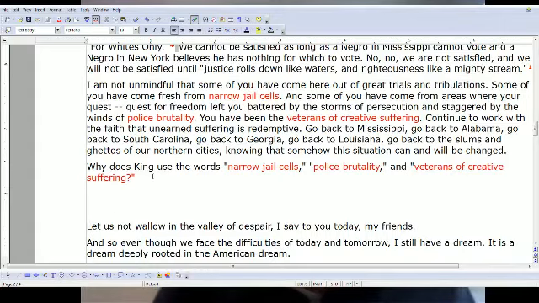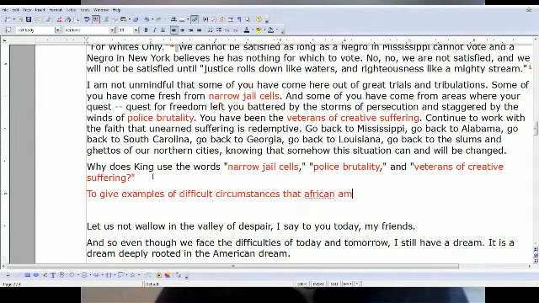So then you would say something like this, to give examples of difficult circumstances that African Americans have had to endure. You see what we're saying here?